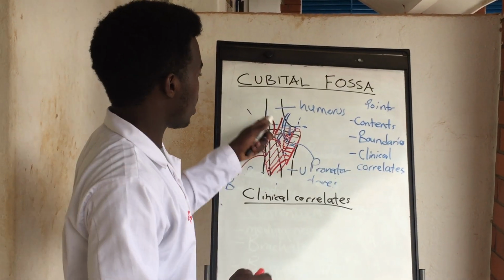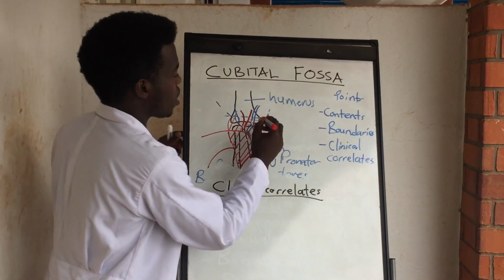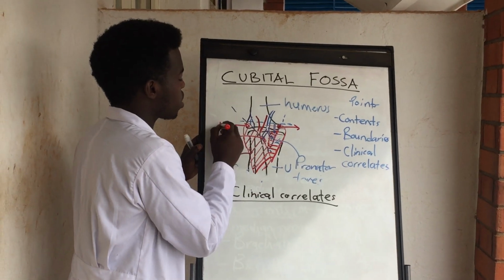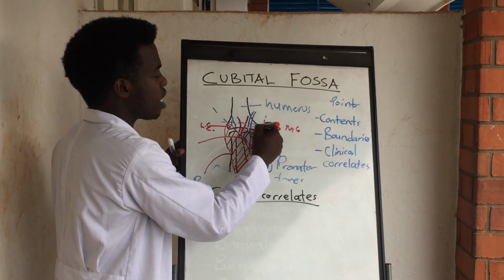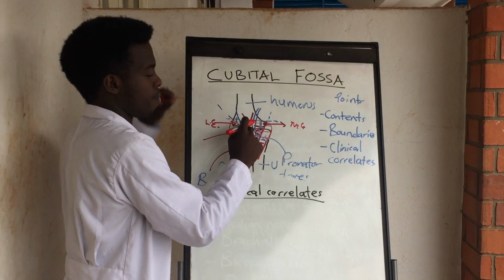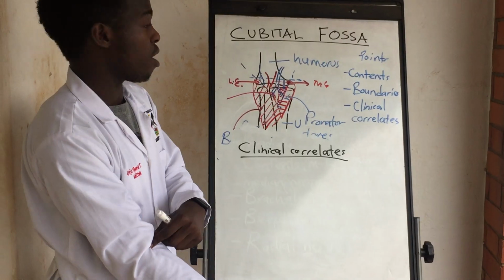Another clinical correlate of the cubital fossa: this point is the medial epicondyle, and this is going to be our lateral epicondyle. At a point between the medial epicondyle and the tendon of the biceps, you can feel that tendon of the biceps. It's at around this point.